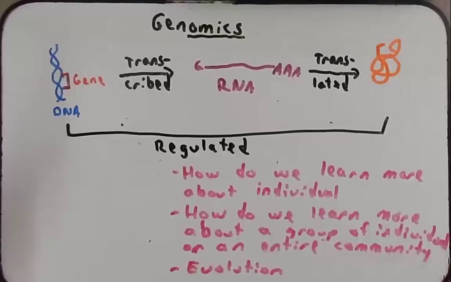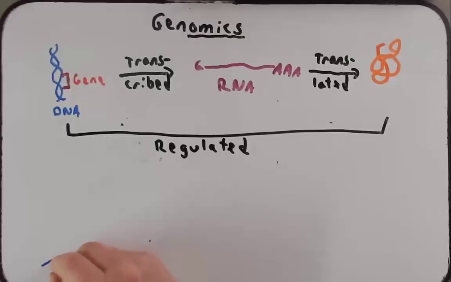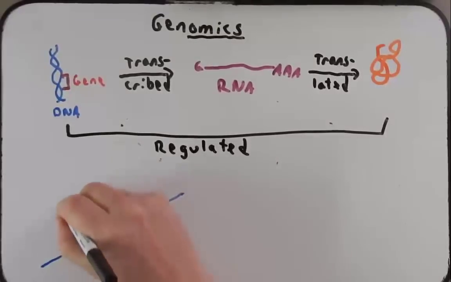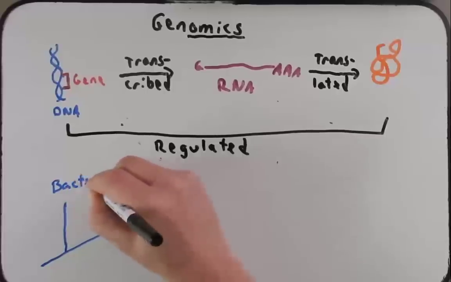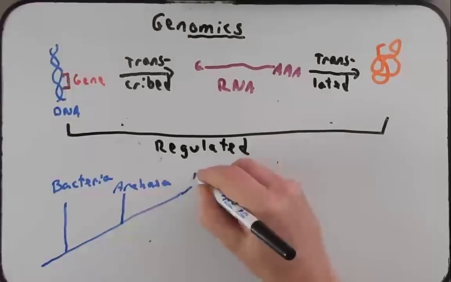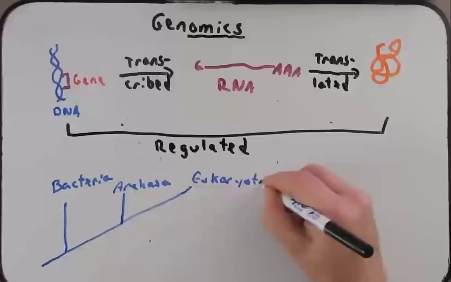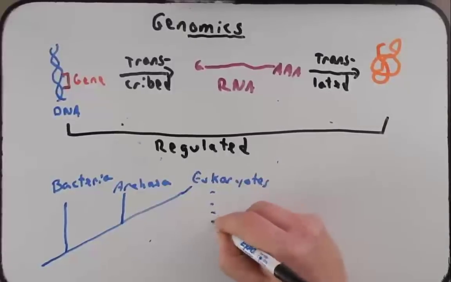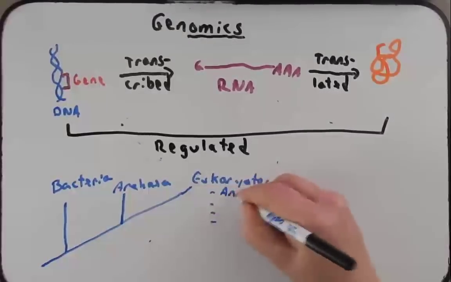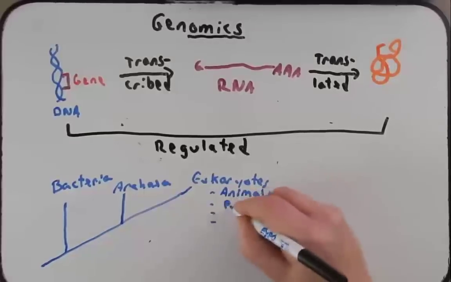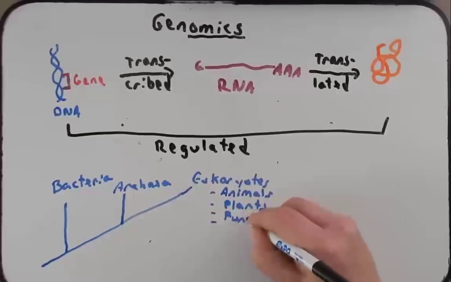So I'm going to erase this to give myself a little bit more room. So we consider evolution here with our three domains of life, of bacteria, archaea, and eukaryotes. And of course, considering the four kingdoms under eukaryotes: animals, plants, fungi, and protozoa.